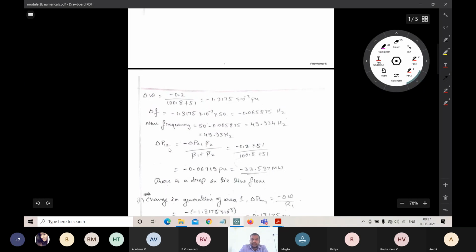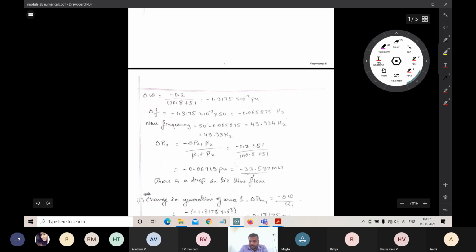Similarly for tie line flow. Tie line flow is the power that flows from area 1 to area 2, that is delta P12. That will be given by delta PL1 into beta 2 divided by beta 1 plus beta 2. We have delta PL, beta 2, beta 1, just substitute here. After substitution you get minus 0.06791. Multiply with our standard 500 MVA base, you will get minus 33.597 megawatt.